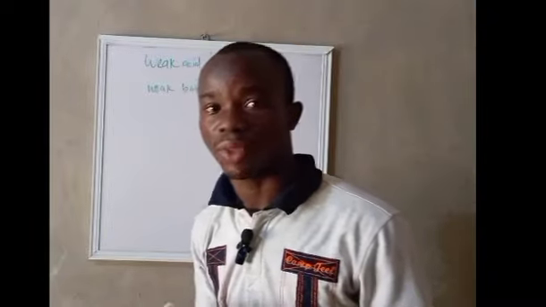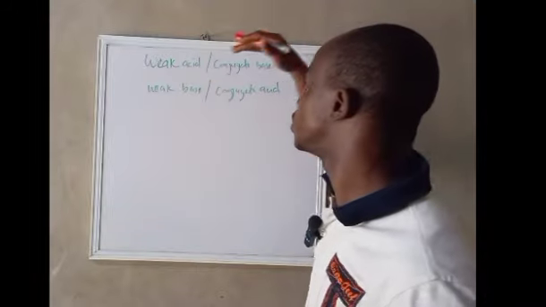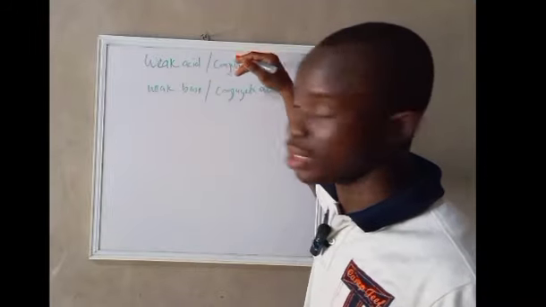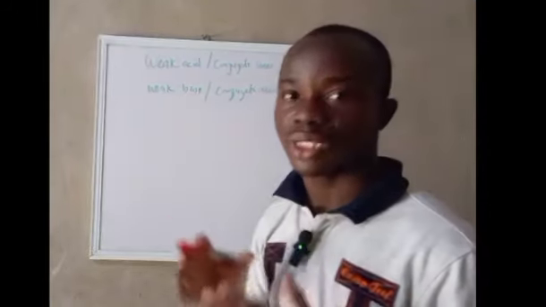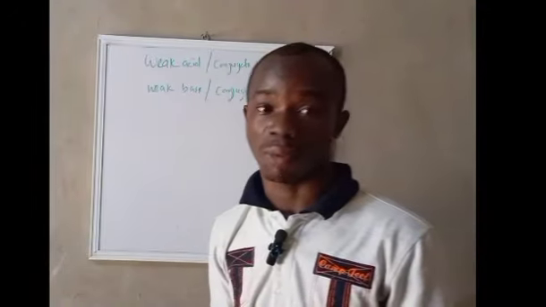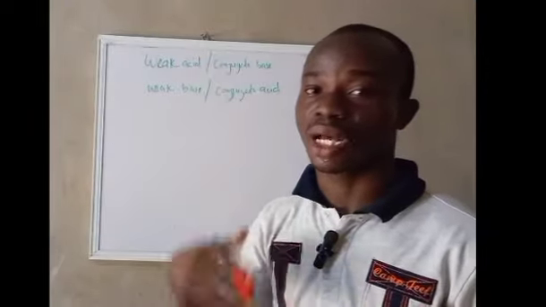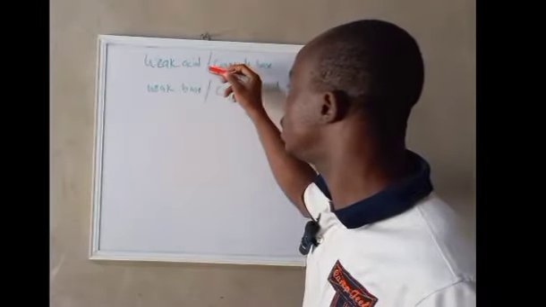Now, from what I've said earlier, you can imagine when you have a system that has a weak acid and, at the same time, the conjugate base of that weak acid. If you add an acid to that system, where an acid is a substance that produces H plus, there is already a what?